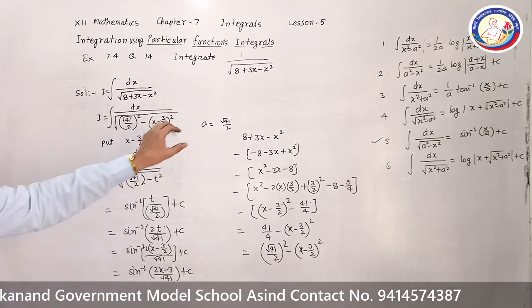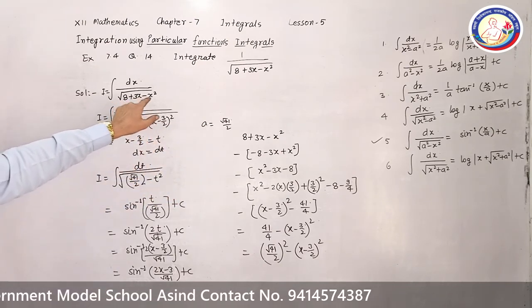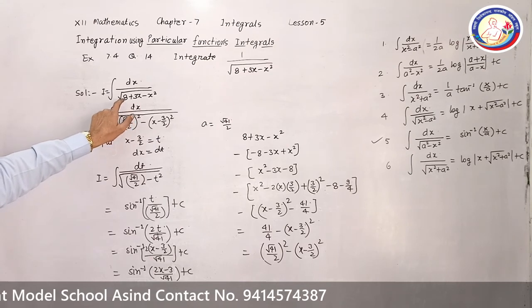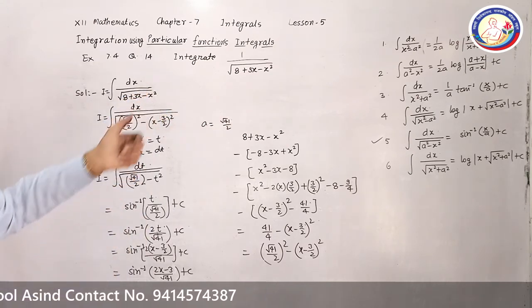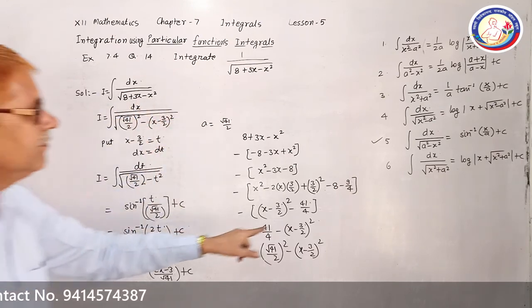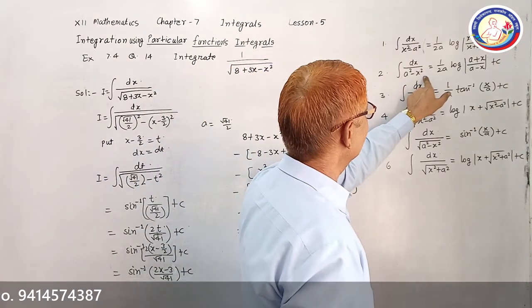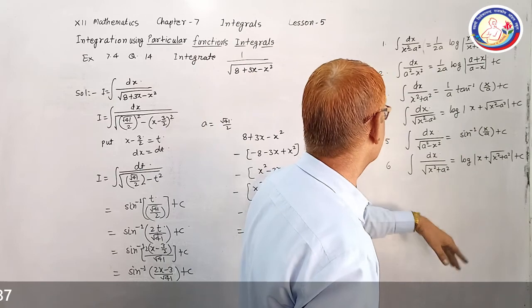So in this way, first of all we will change the denominator, whether it is with square root or simply with power 1 without square root. We will arrange that in these forms: a square minus x square, or x square minus a square, or x square plus a square, whatever it comes.